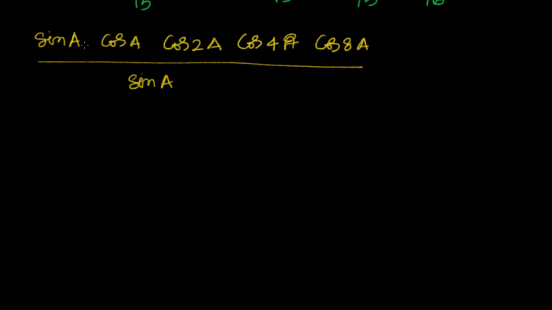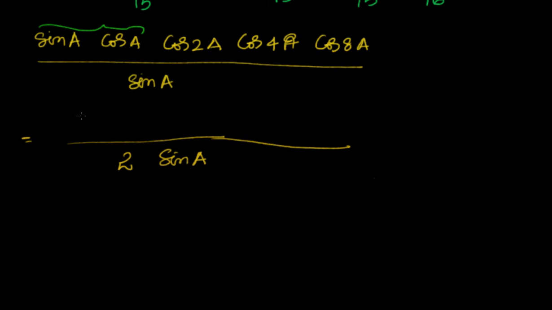Now you can see that sin a cos a is nothing but half sin 2a, correct? So I can write this part as 1 by 2 sin 2a. So my next step will be equal to, I will get 2 here, and this becomes sin 2a cos 2a cos 4a cos 8a.